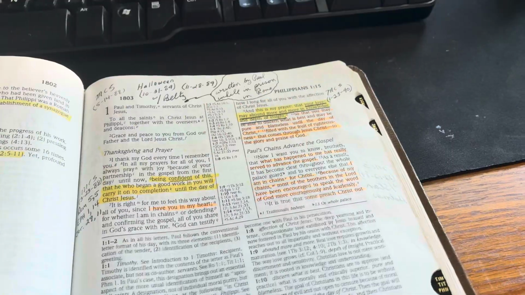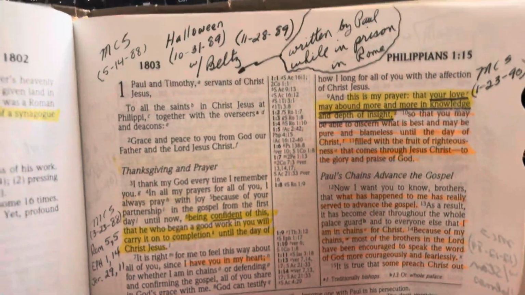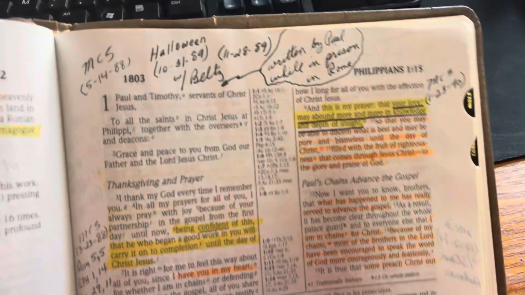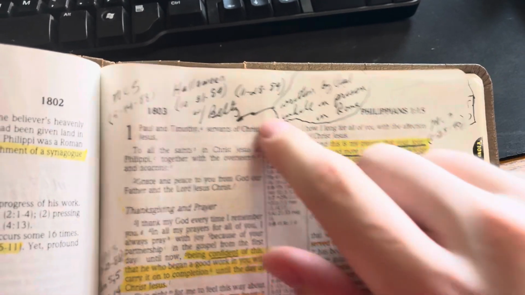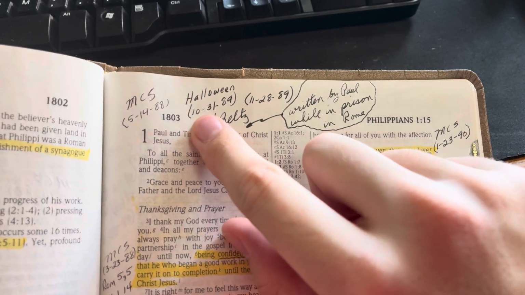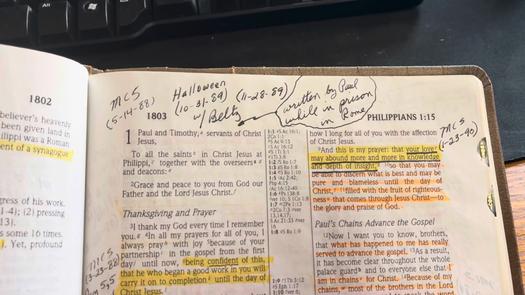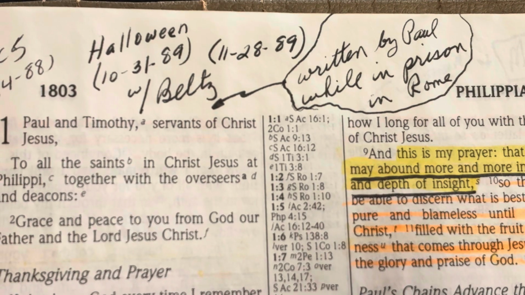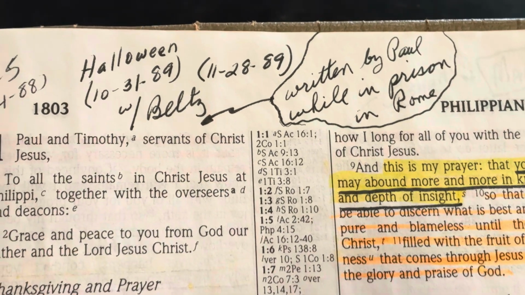Let's see. I found something interesting. Let me hold it up. I see something about Halloween out there. See that out there? Halloween. October 31st, 1989. Written by Paul while in prison in Rome.